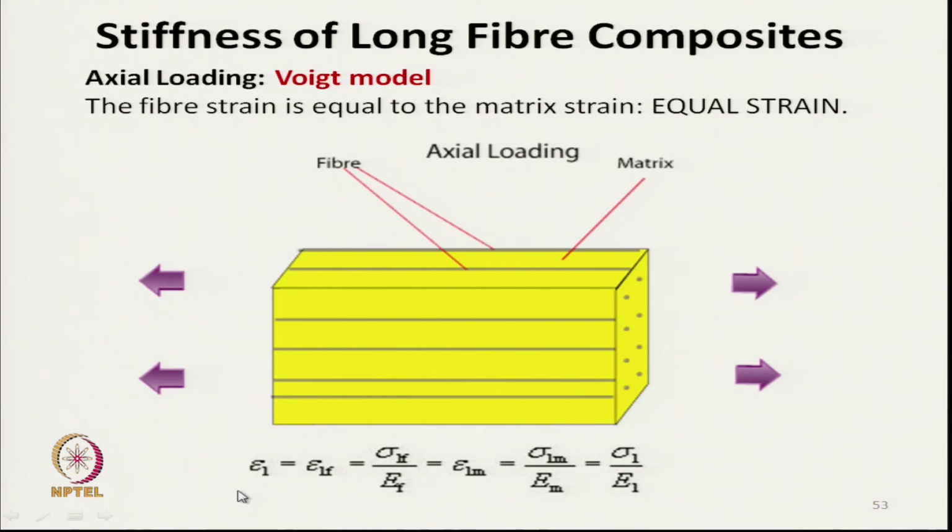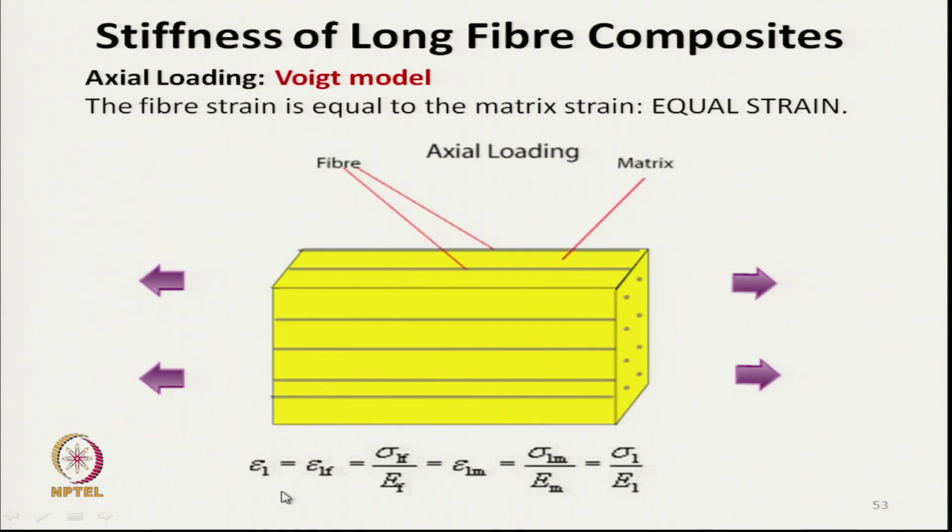So, epsilon 1 is the elongation of the composite in the length direction, and epsilon 2 will be the elongation in the cross plane direction or transverse direction.